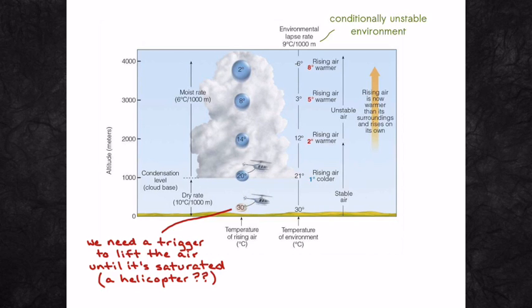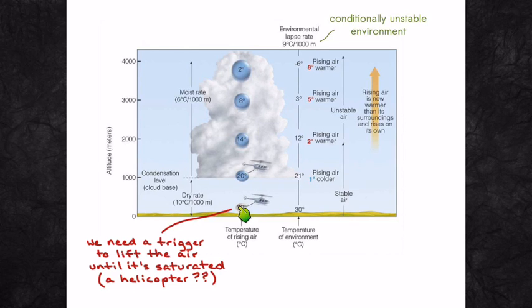But you'll note that when we take this air down at the ground and I lift it 1 kilometer, based on the previous screencast, for every kilometer it goes up, and at this point it's dry, it cools by 10 degrees. And so when you get up here at 1 kilometer, the temperature is 20 degrees. But if you compare that to the temperature of the surroundings, that was 21.